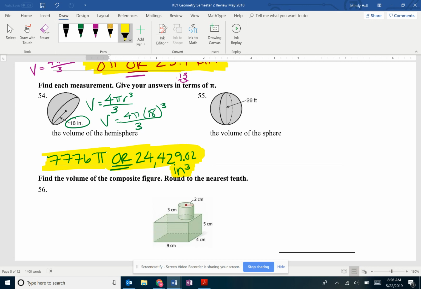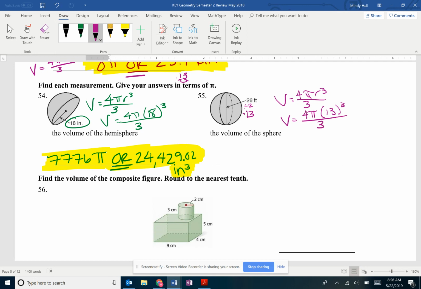But for 55, we're going to do the exact same thing. Volume equals 4 times pi r cubed over 3. Our radius in this case would be 26 divided by 2, so that is 13. So volume equals 4 times pi times 13 cubed divided by 3.